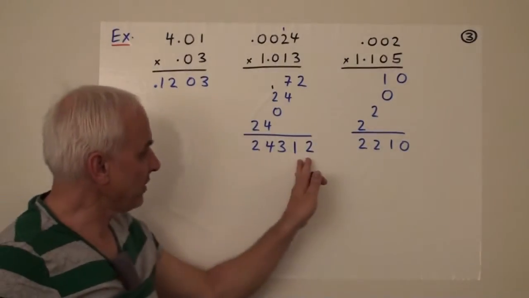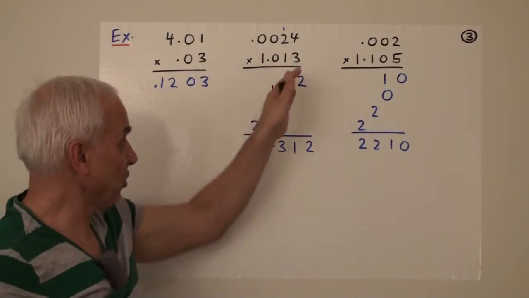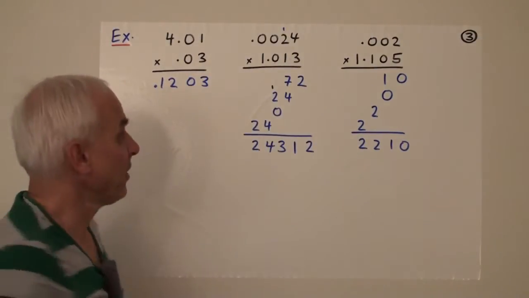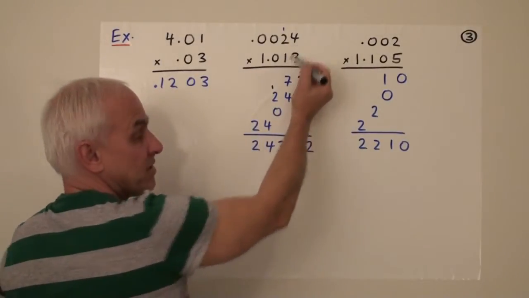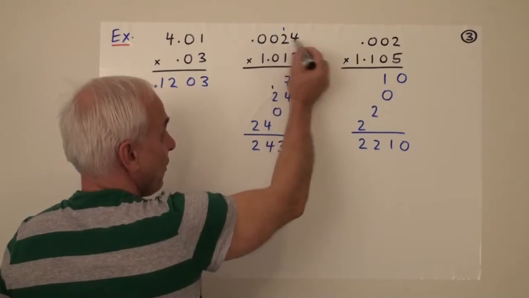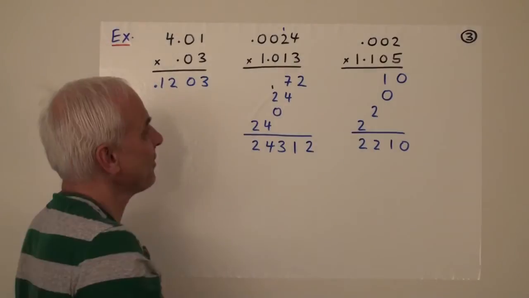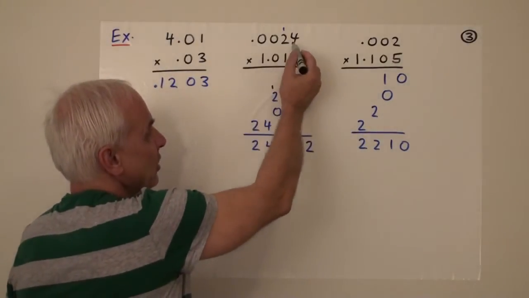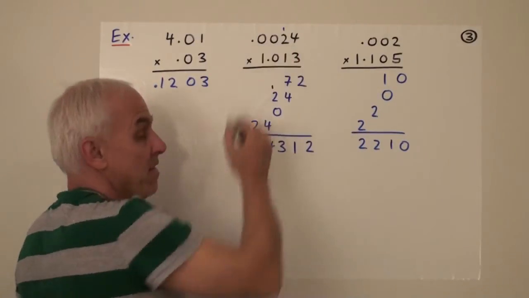All right, now that's not the answer, of course, because we have to compensate now for the fact that the original numbers actually had decimals in them. So this original number here is actually not 24, it's smaller than 24. 1, 2, 3, 4. There are 4 decimal places that we have to move. So this number here is actually 24 divided by 10, 100, 1,000, 10,000 actually.